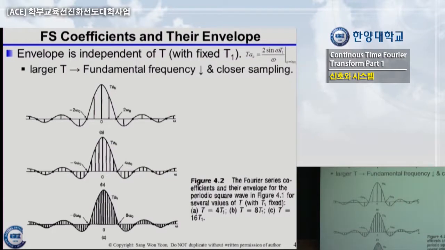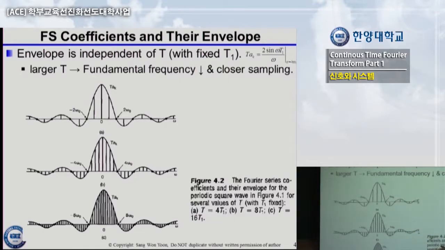So if you see this, if T is 4 times T1, T1 is fixed, so T1 is small. So in this case, it's 16 times T1, T is long. In this case, we still have the same claim. We already know a kind of original signal in frequency domain, and we are picking up values at every omega_0.